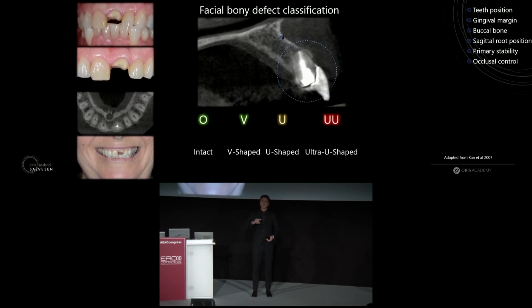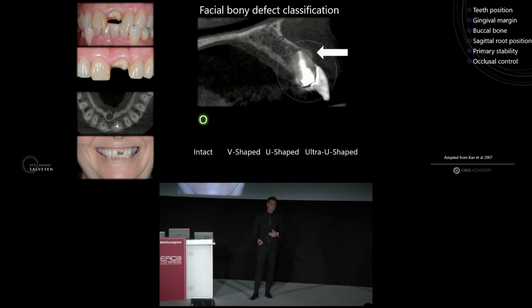Then we look at the facial bony classification, or the bony defects. Is there a bony defect that will limit the potential of placing an implant at the time of extraction? You have the classification done by the group of Professor Kahn, classified from 0 to a V-shaped, to a U-shaped, to an ultra U-shaped.